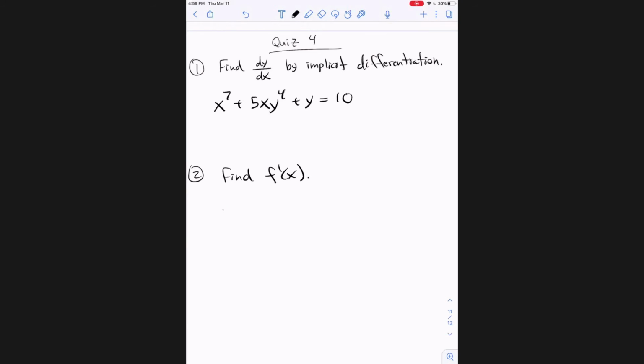Find the derivative. f of x equals natural log of sine of x plus e to the 3x. You get till 5:15. 16 minutes. But take your time. I'll give you a warning.